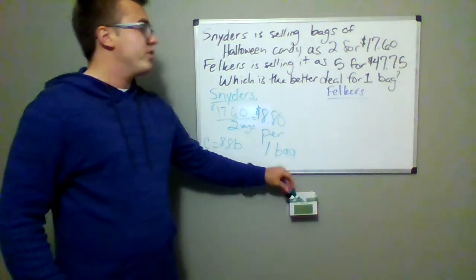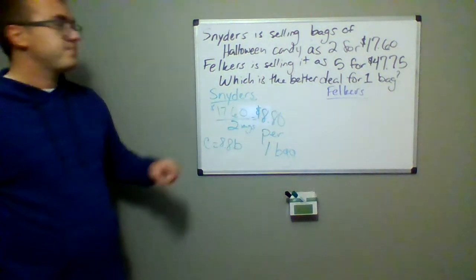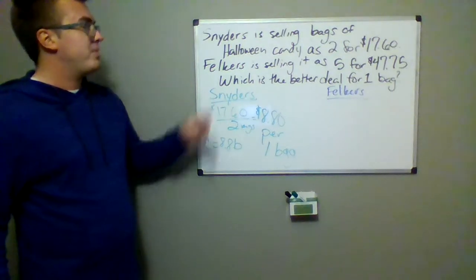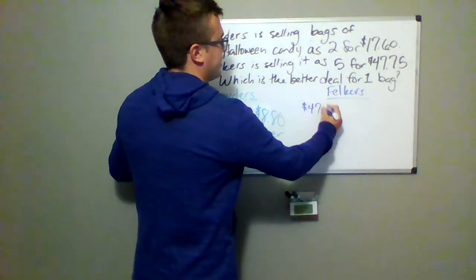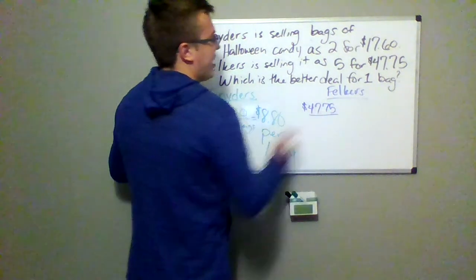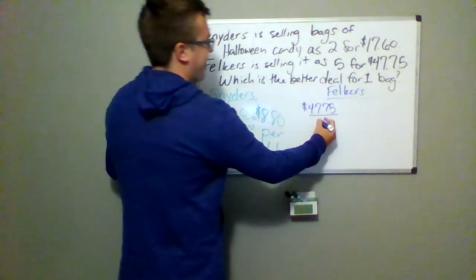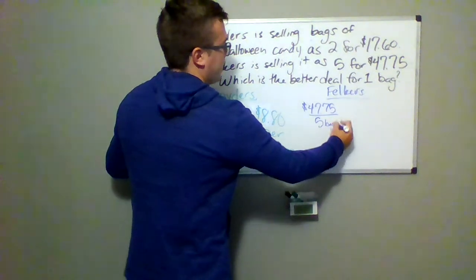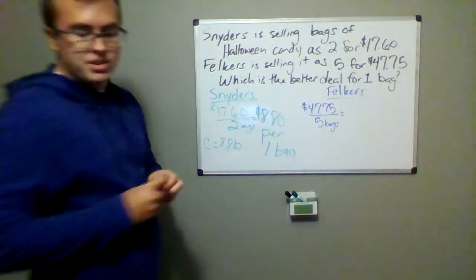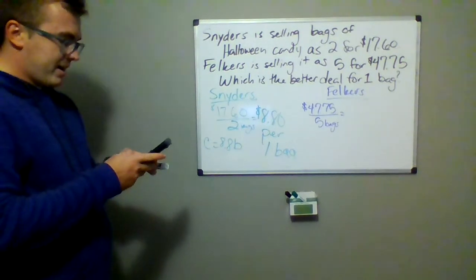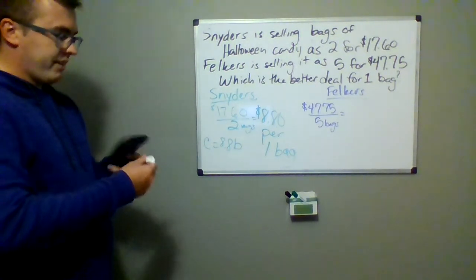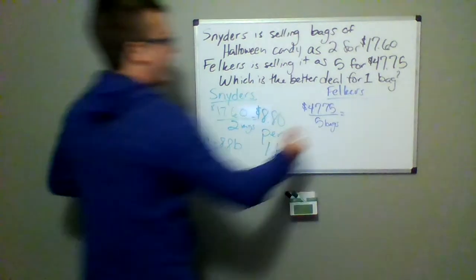Now I'm going to look over at Felkers. I'm going to do the same thing. I'm going to put the cost on the top, so that $47.75. On the bottom, I have 5 bags, and I'm going to divide. $47.75 divided by 5 gives me 9.55.